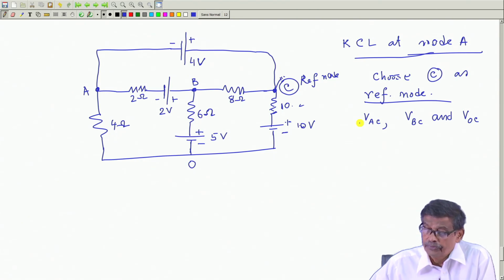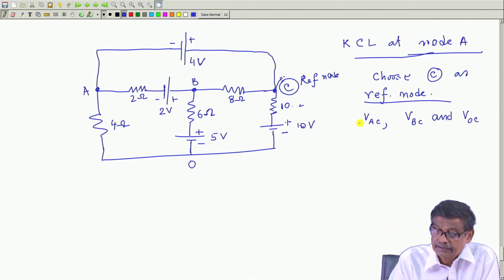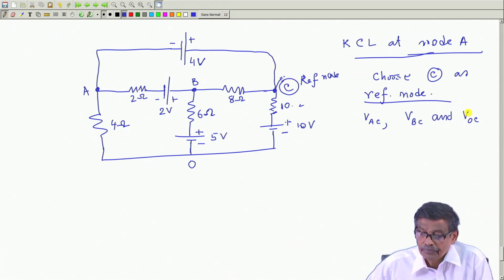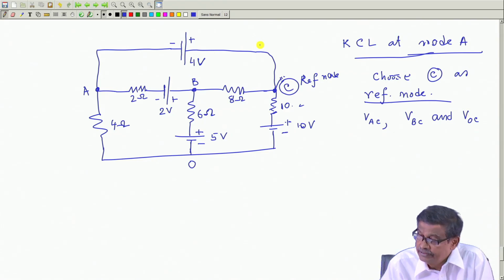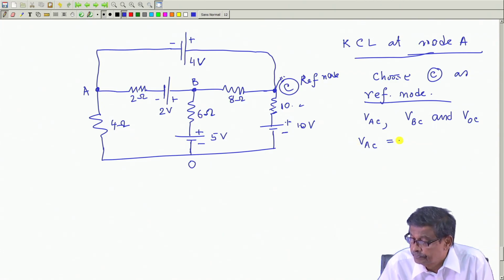Now, if you look at this, 3 unknowns, we immediately say there is no resistance in this branch. VAC, the potential of A with respect to C: start from C, try to reach A, and there is minus 4 volt.